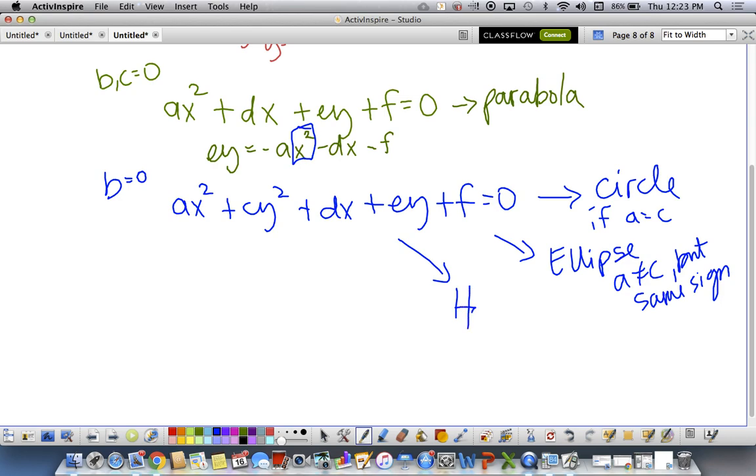And then it's a hyperbola if A does not equal C and they are opposite signs. So one is positive and one is negative.